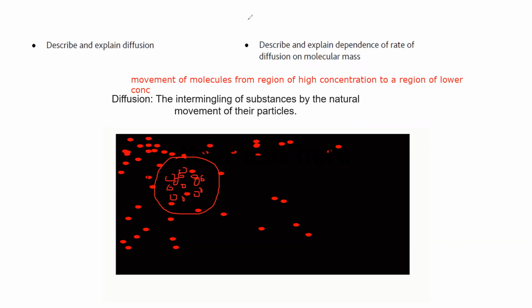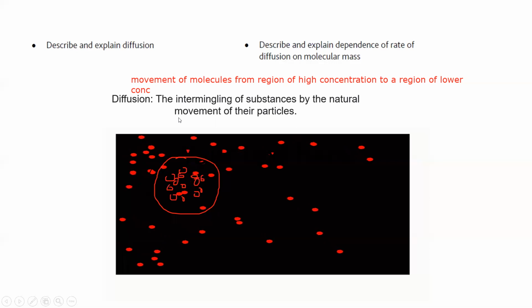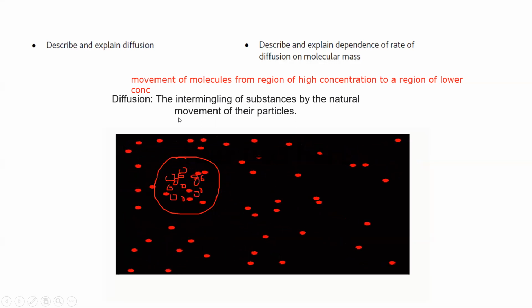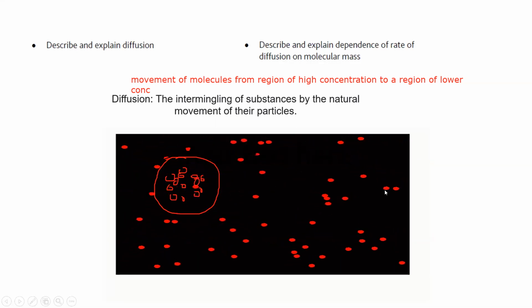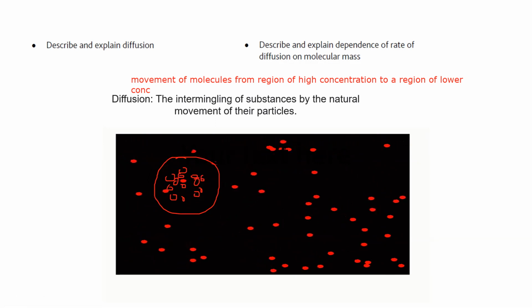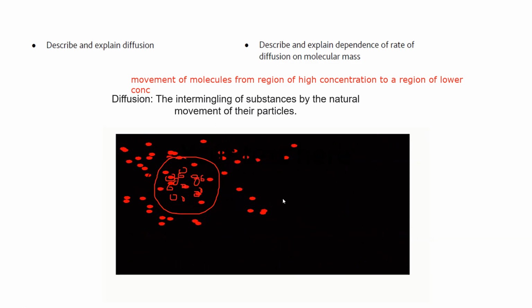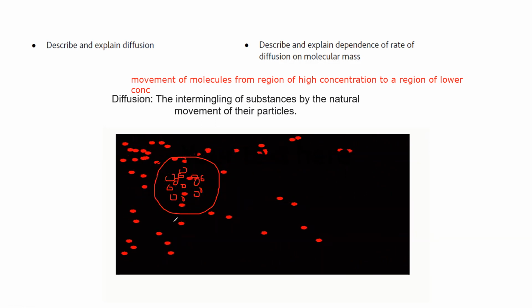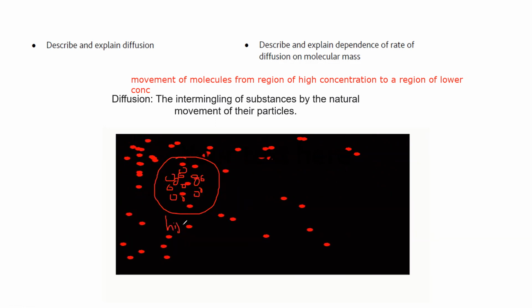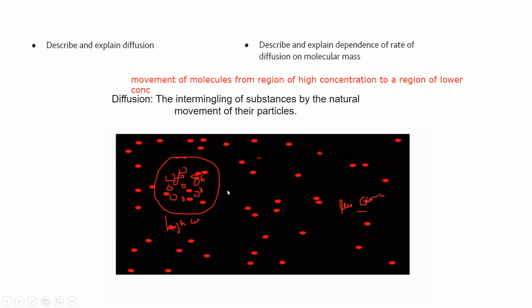As these particles collide with each other, they move from a region of higher concentration to a region of lower concentration. Lower concentration means where the number of particles is less, or few particles are there. As these particles move from high concentration to a region of low concentration, we call this process diffusion.